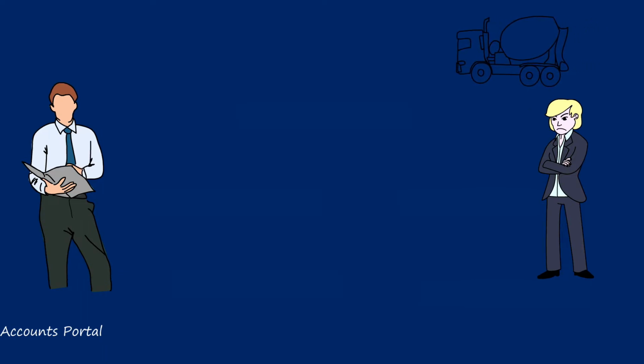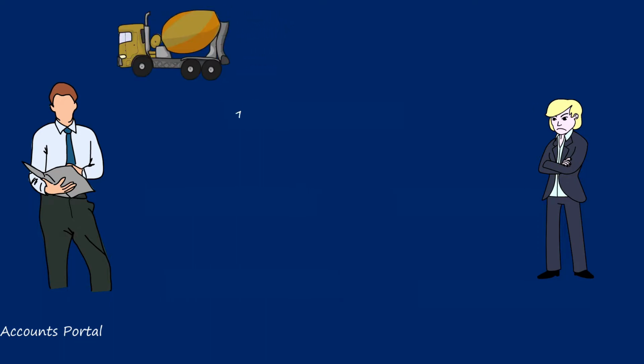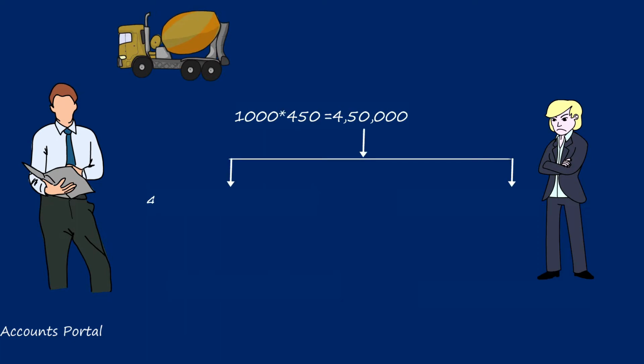Now suppose the actual price of a cement bag is, let's say, 450 per bag. I have the invoice to show that I have purchased it at 450 per bag and I have consumed 1000 bags in the construction during the year. Now we don't do 1000 into 450, because out of 450, 400 I have to bear. The escalation clause is applicable for price beyond 400.